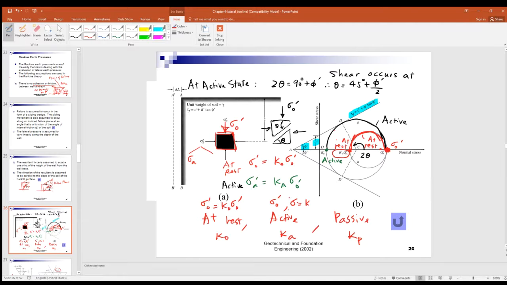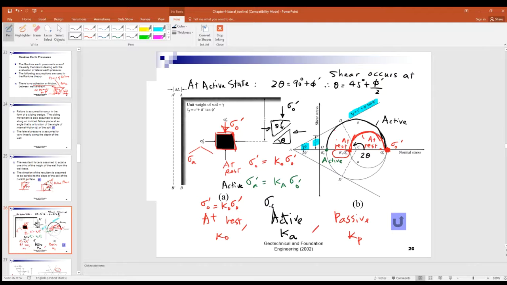So for the active state, everything in black is active.